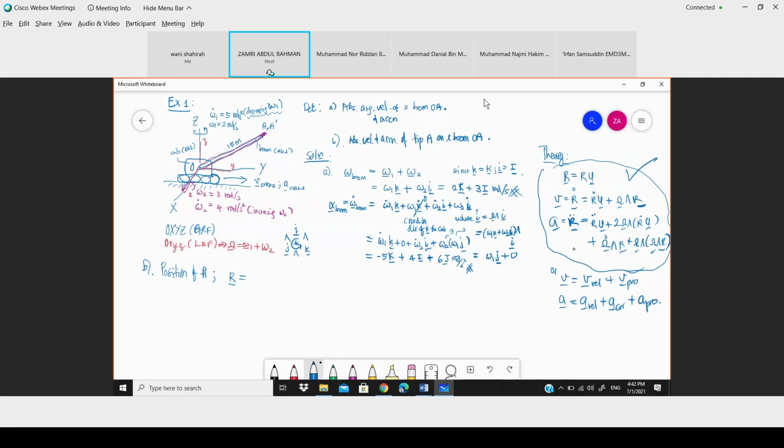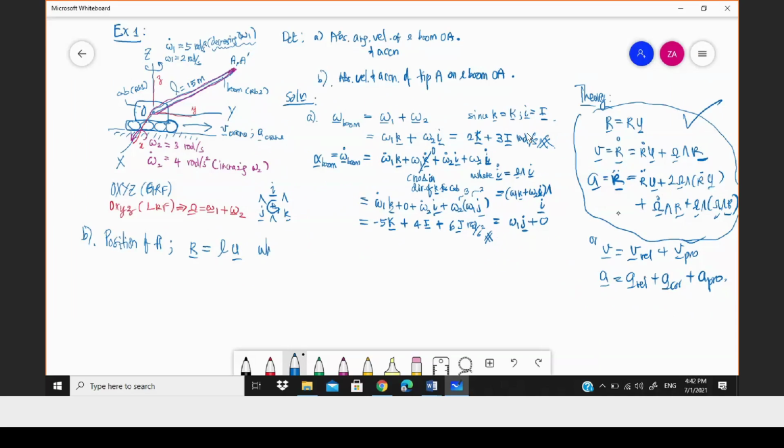So let's say OA is equal to L. So I'm going to write down this is L times unit vector U, where we can resolve U into local coordinates. Okay, I have to give you the angle here, theta. Let's say theta is equal to inverse tangent of 3 over 4, the angle.